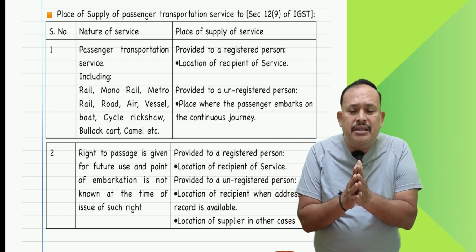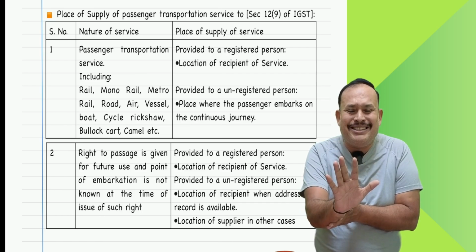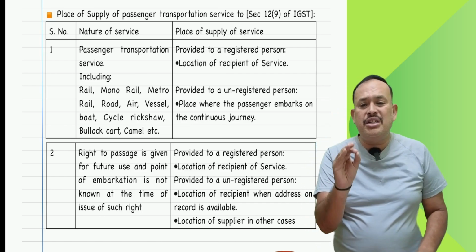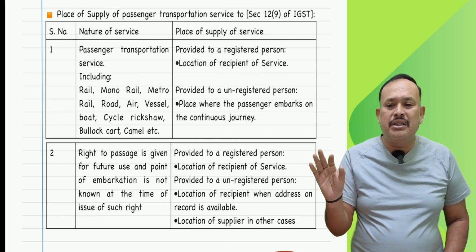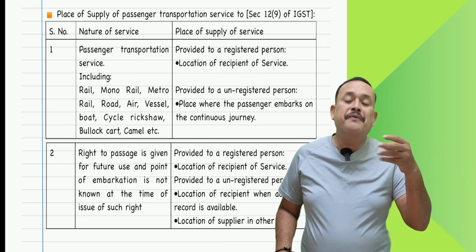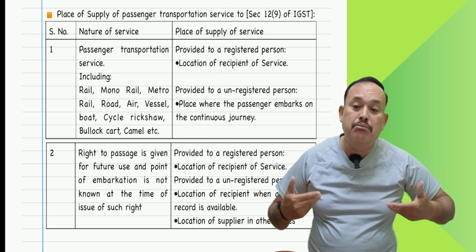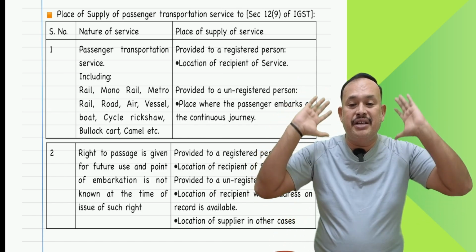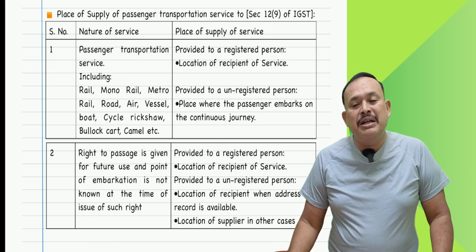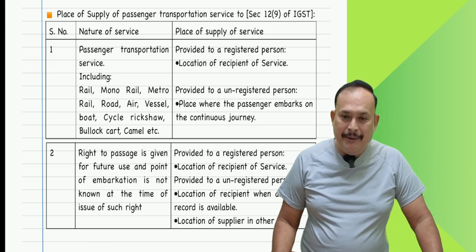In that case, place of supply, as per section 12(9) of IGST, is the location of the recipient, if the recipient is a registered person. Otherwise, the place from where the passenger embarks for its continuous journey is the place of supply.